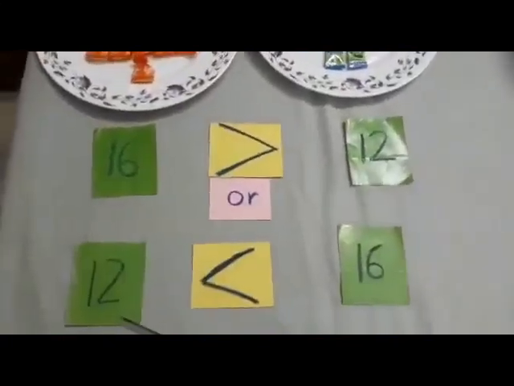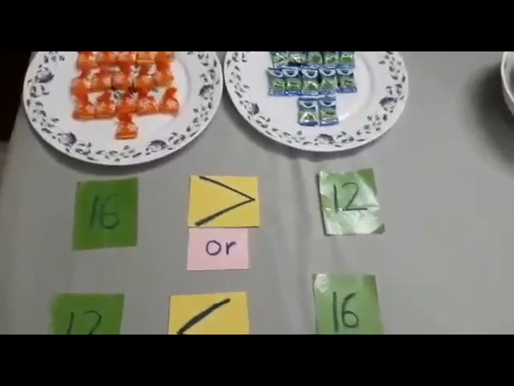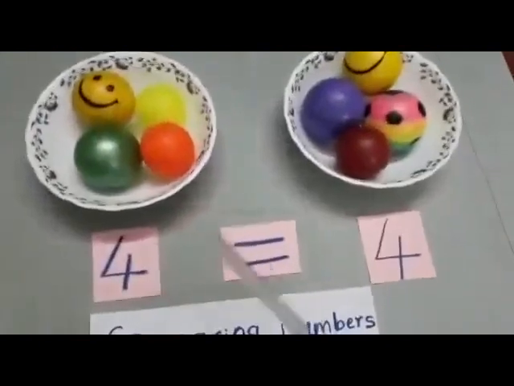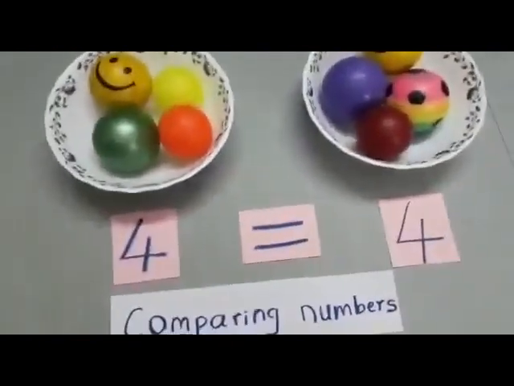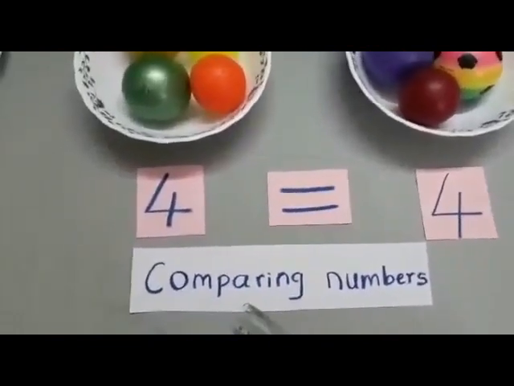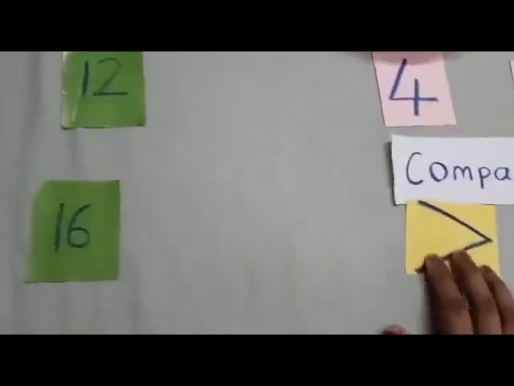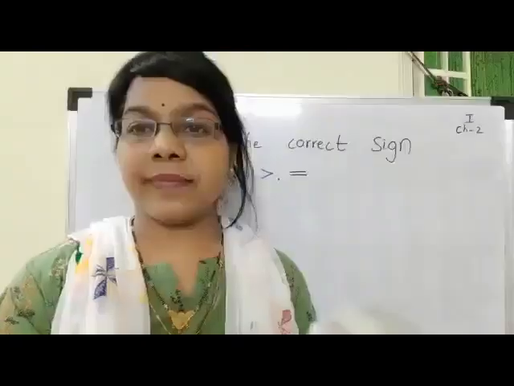We also said that 12 is less than 16. Then we also said that 4 is equal to 4. That means we have been comparing numbers. And while comparing numbers, we use signs greater than, less than, or equal to.